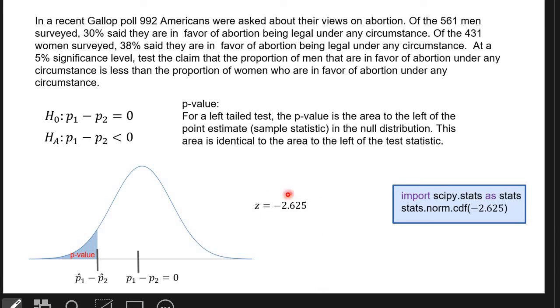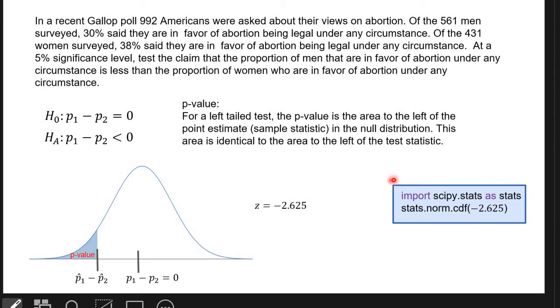Now, with this test statistic, remember, the z-score is the area to the left of the sample statistic, which is identical to the area to the left of the test statistic that corresponds to that sample statistic. So if I find the area to the left of this z-score, that will be the p-value.